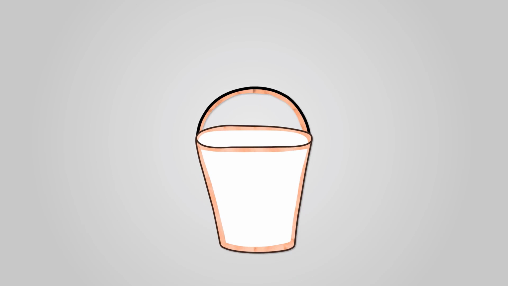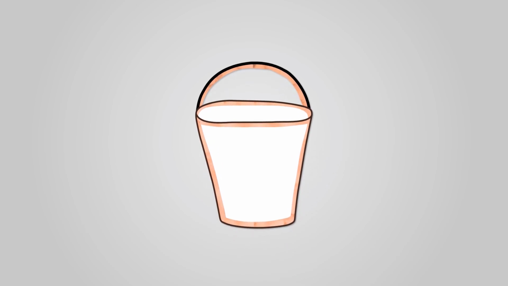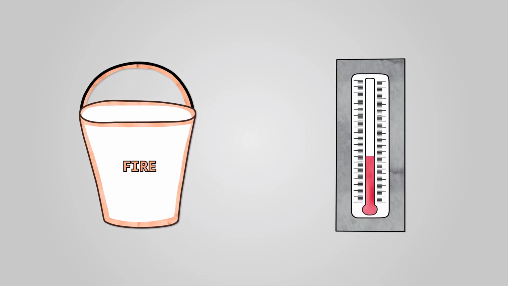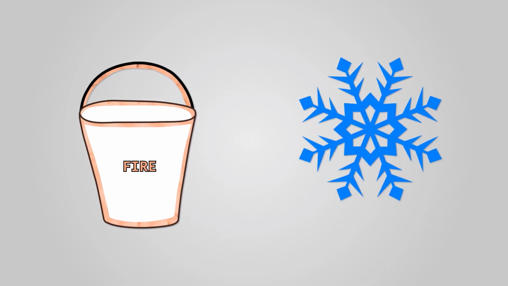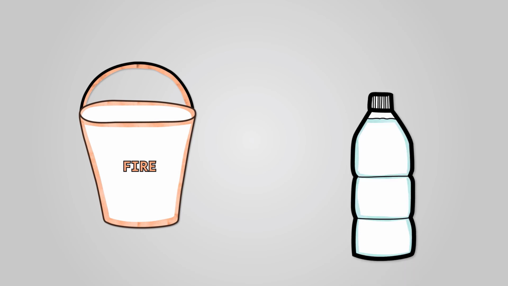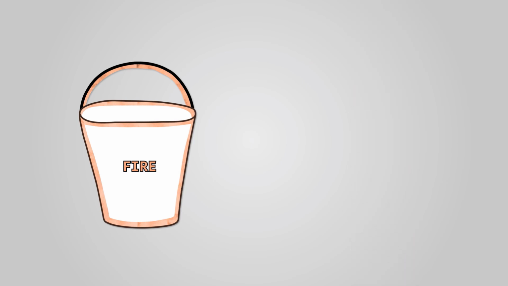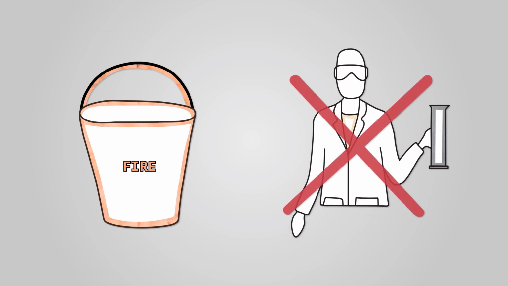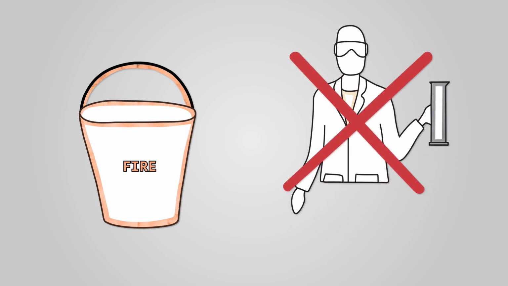Whenever we are using a bucket, we need to think carefully about what we are going to put in it. Let's think about our fire bucket. Currently it has nothing in it, but as it's made of metal, we can store pretty much anything. We can store something very hot, something very cold, most solids, most liquids. In fact, the only thing that a metal bucket cannot hold safely is some acids, as they will dissolve the metal.